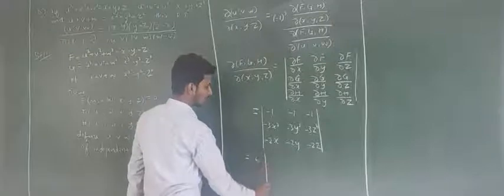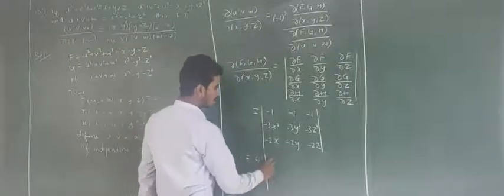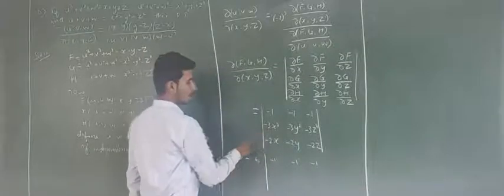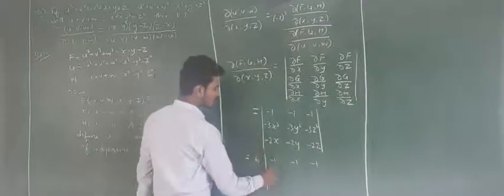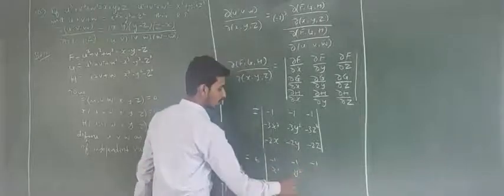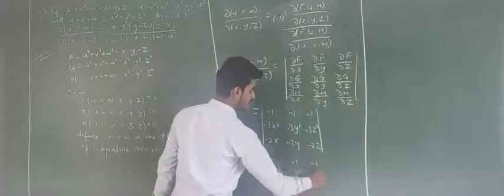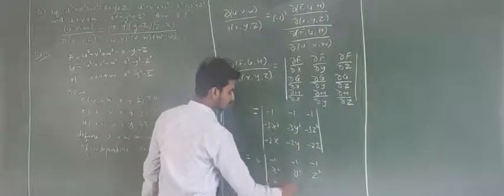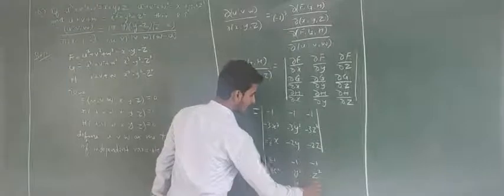We take common 6 here, and the remaining terms are minus 1, minus 1, minus 1. We have already taken minus 3 common here; the remaining terms are x square, y square, z square. We have taken minus 2 common here; the remaining terms are x, y and z.